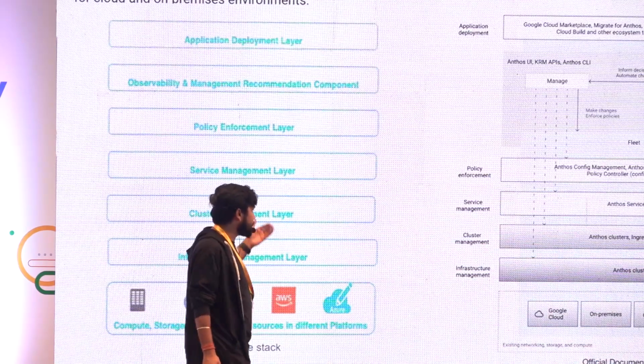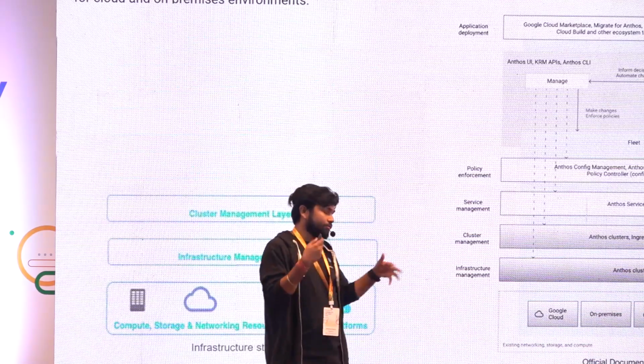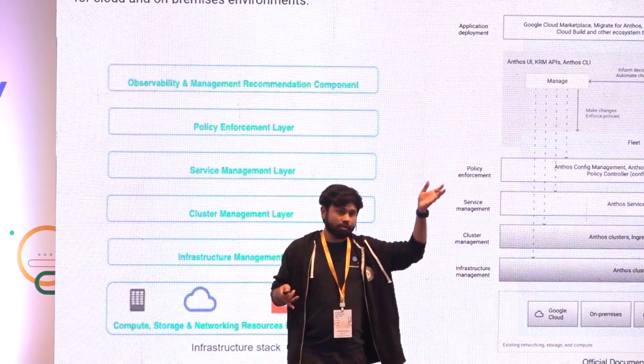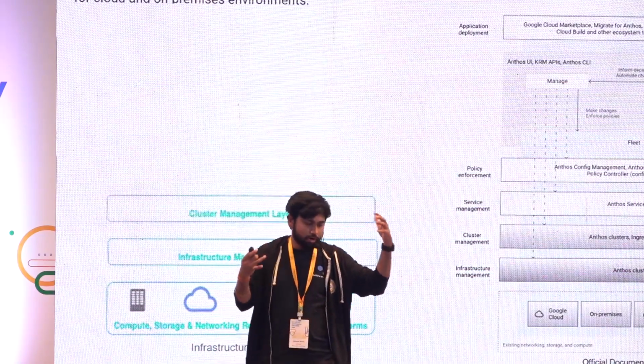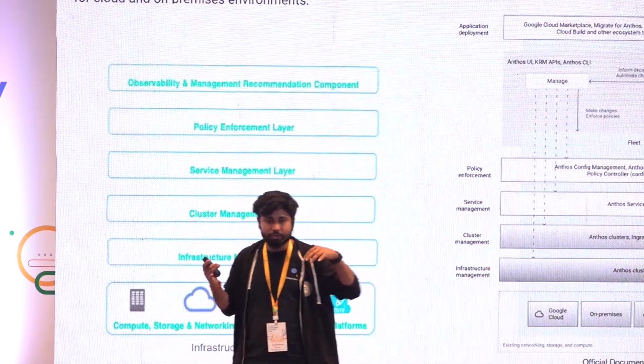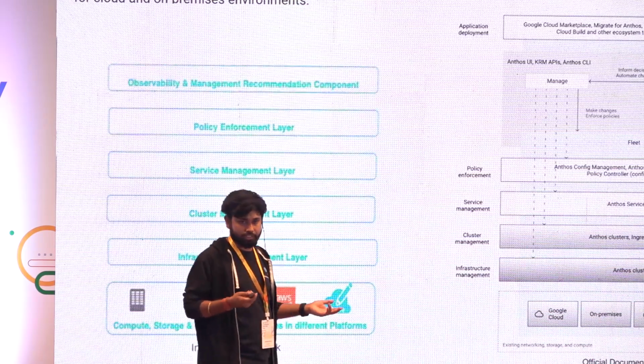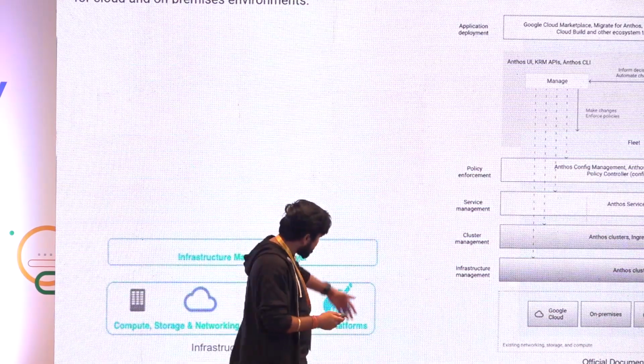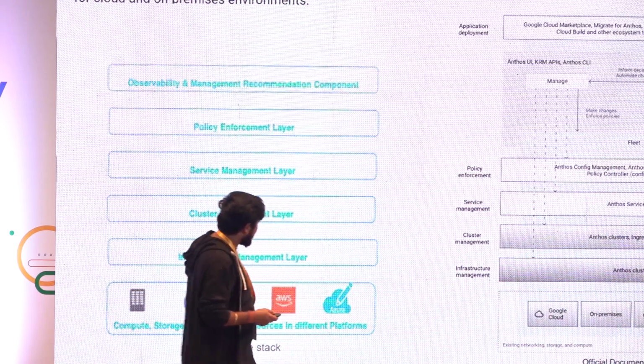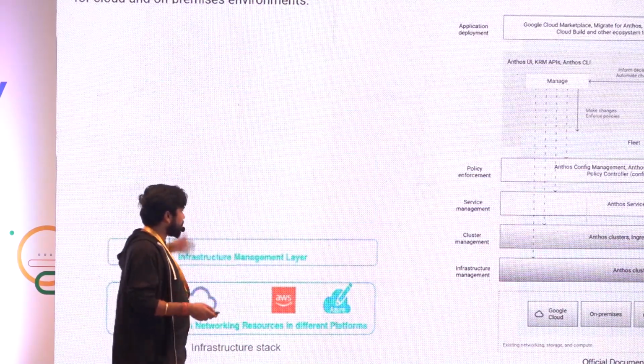On top of that, I configure the networking, then I configure some observability stack, and then, based on feedback, I advance my infrastructure. This is the basic architecture we have in any organization while deploying an application.